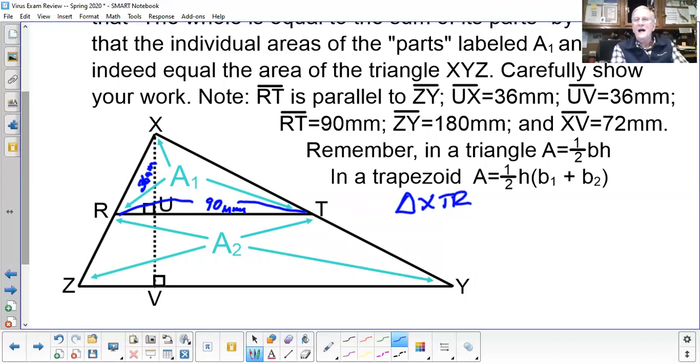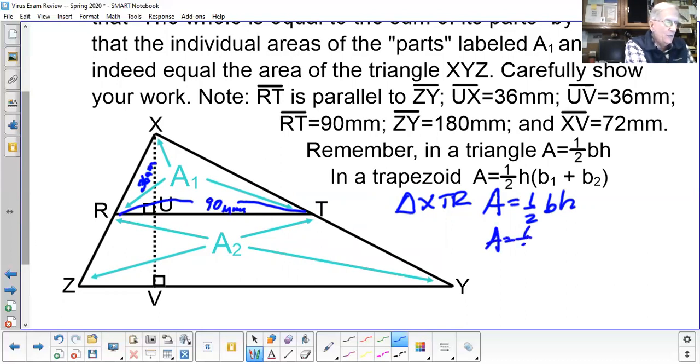All right, how do I get the area of the small triangle on top? The formula is simply A equals 1/2 base times height. So A equals 1/2, the base of the figure is 90, the height of the figure is 36, and the answer will be in square millimeters.